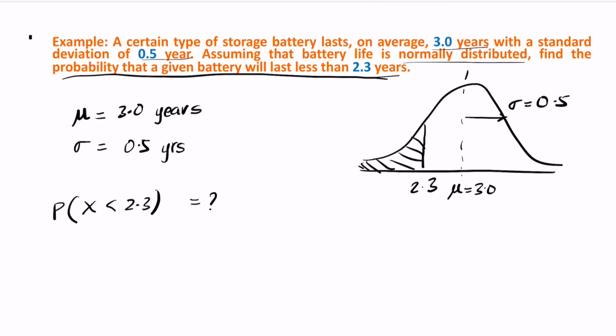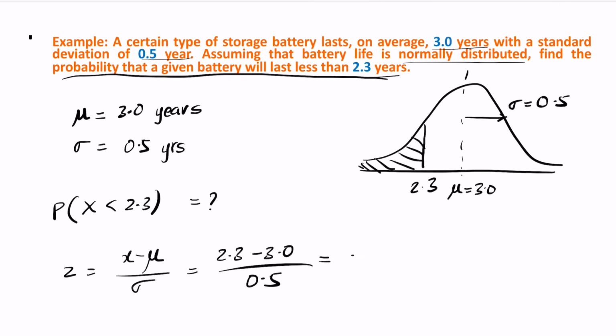To find this, first we need to convert it into the z score. The z score formula is z equal to x minus mu by sigma. So x is 2.3 minus 3.0 by sigma, which is 0.5. So that becomes minus 0.7 by 0.5. So that becomes minus 0.14.